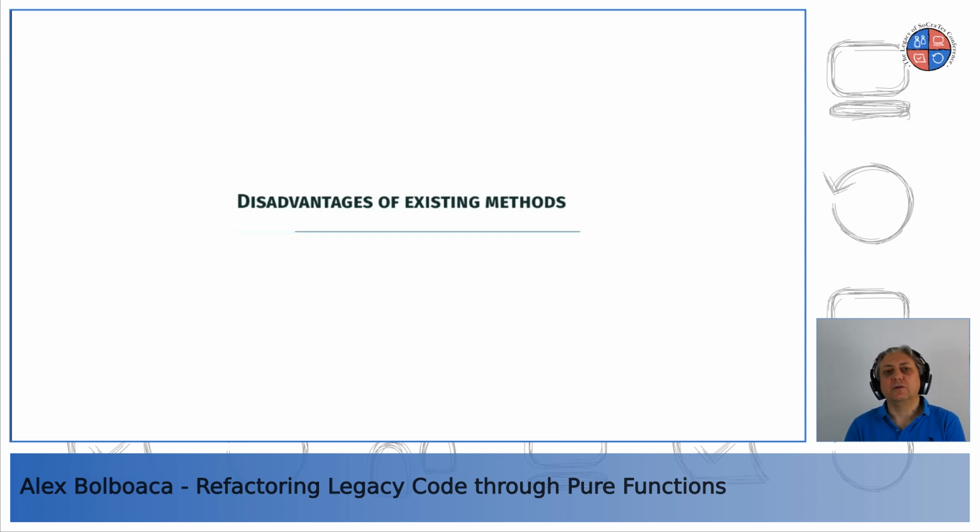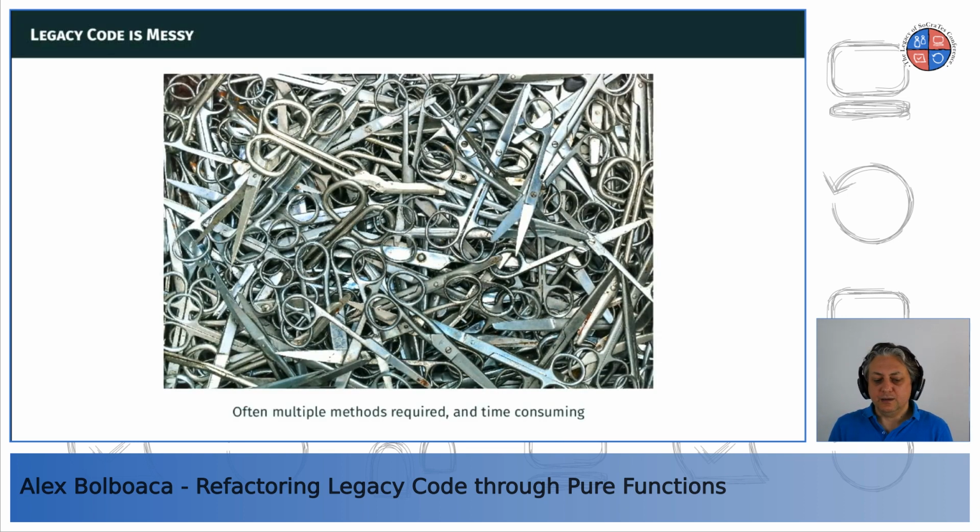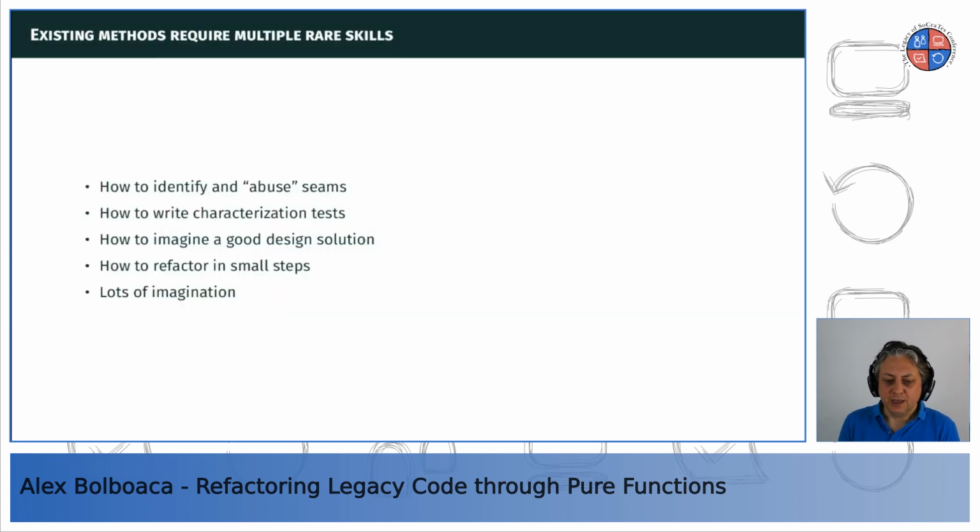Now, the problem with all these methods is that often you cannot use only one method. You need multiple methods, and you need to be a bit imaginative about what you use, and you need to know those types of methods. The biggest problem that I have is that they are very time consuming. Every one of these methods takes a long time whenever you are working with really tangled and difficult code. And they also require multiple skills, also rare skills.